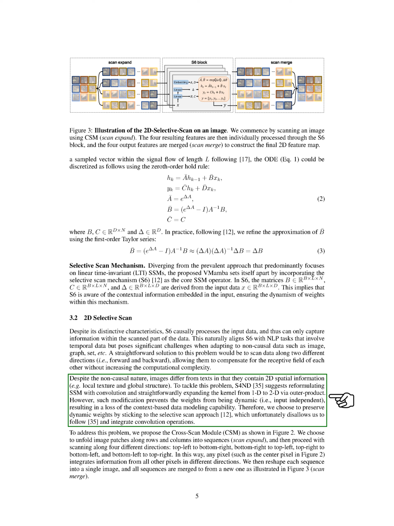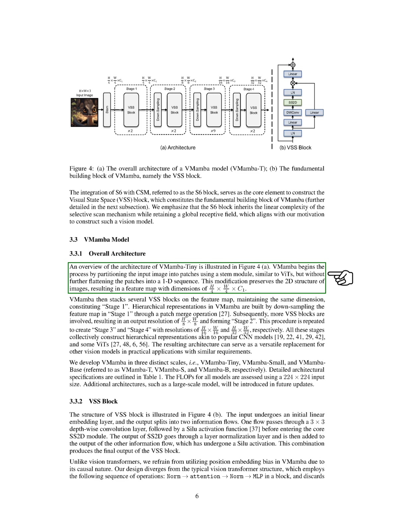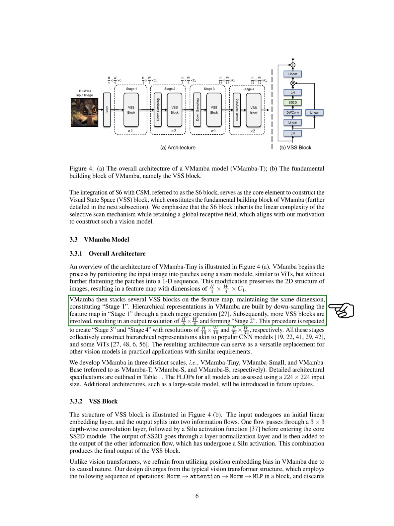Now, let's discuss the overall architecture of VMamba. VMamba starts by dividing the input image into patches using a stem module, similar to vision transformers, but without flattening the patches into a 1D sequence. This preserves the 2D structure of images. VMamba then stacks several VSS blocks on the feature map, maintaining the same dimension.